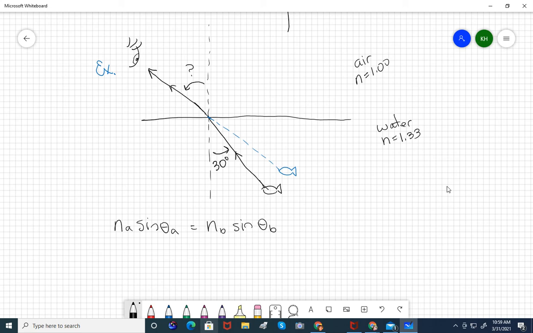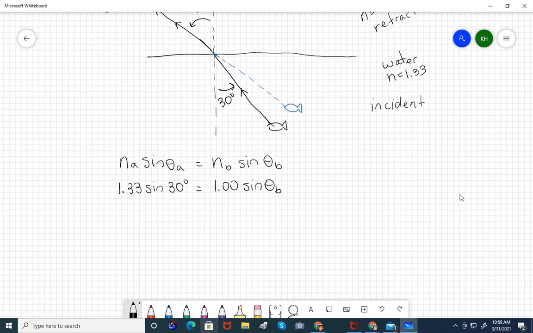The incident side is down here. We're starting with a light ray coming off a fish, and of course this is the refracted side. So we have 1.33 sine 30 equals 1.00 sine theta B.